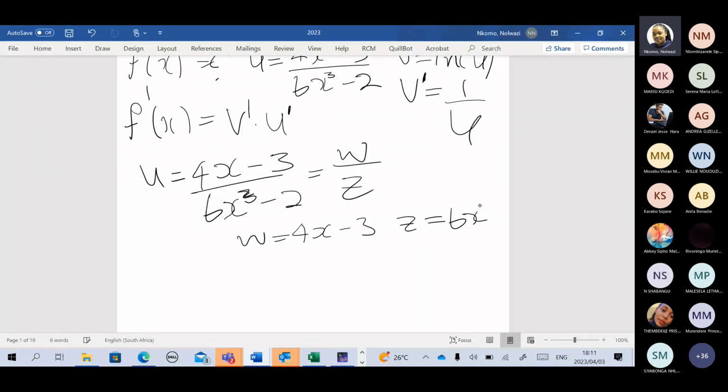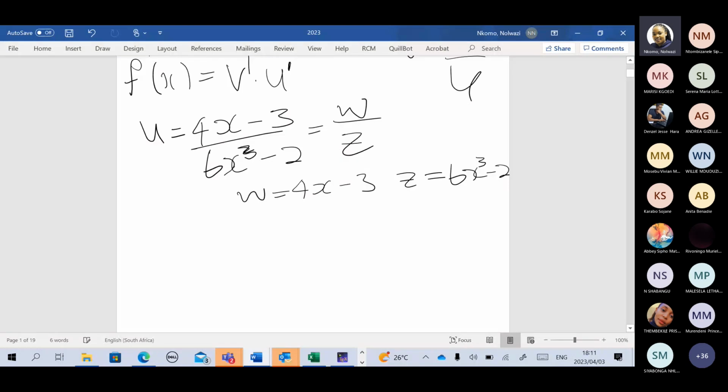If u equals w over z, and w and z are functions, we need to use the quotient rule, right? The quotient rule says u prime would be w prime times z minus, then we keep w and differentiate z, over z squared.